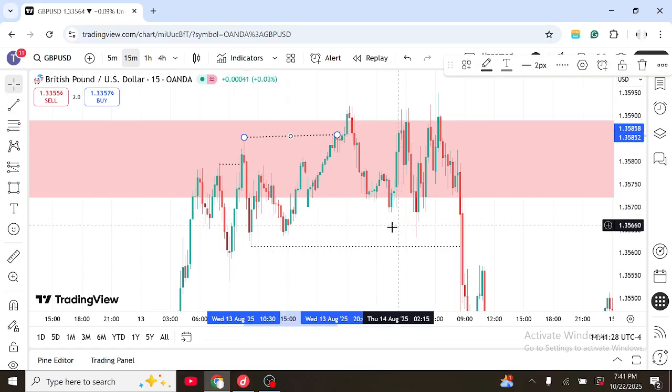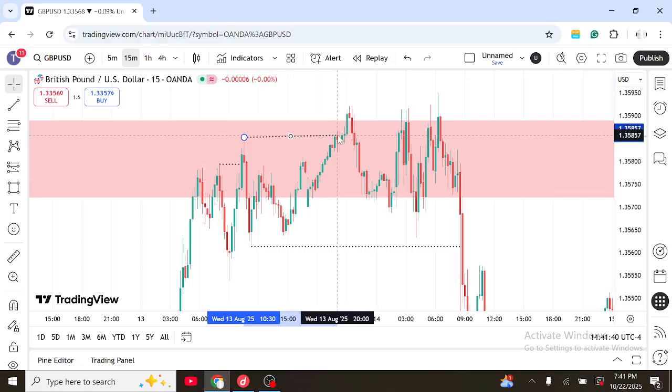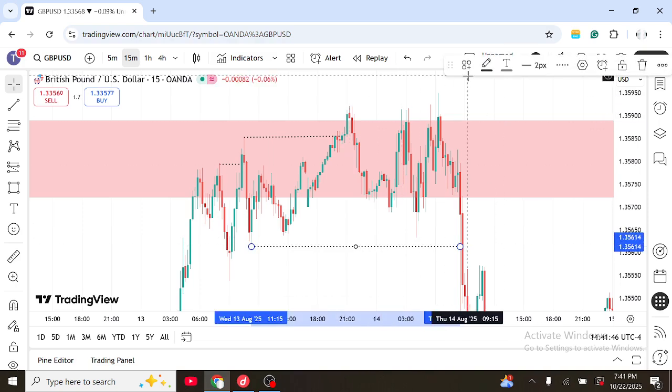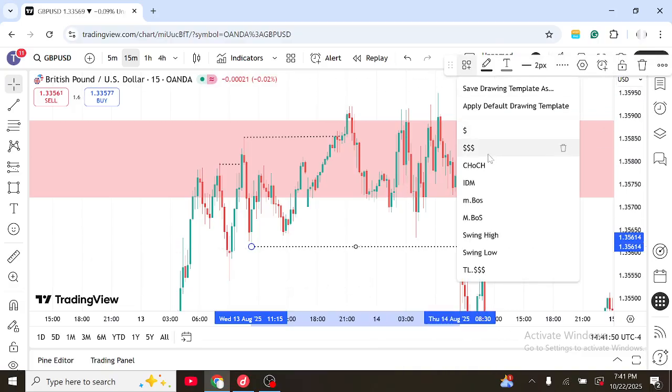And then we have this low here, which didn't cause a break of structure because price didn't close above this line. So this now is going to be our change of character because price closed below it.